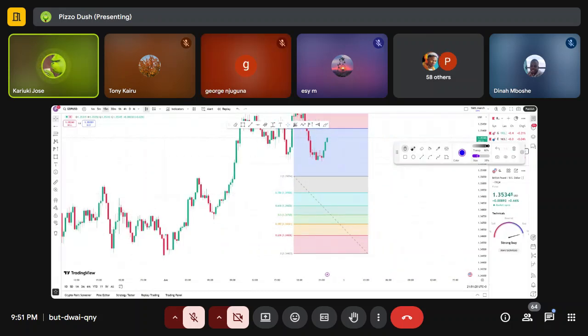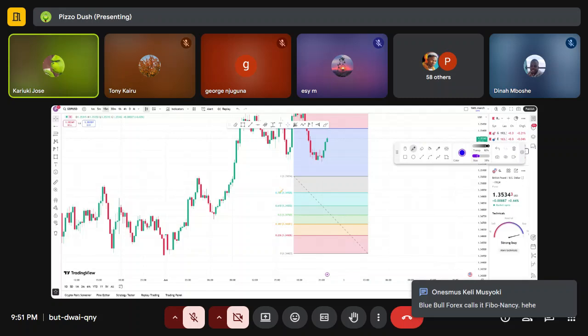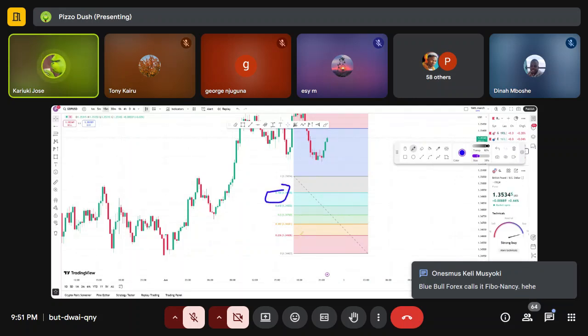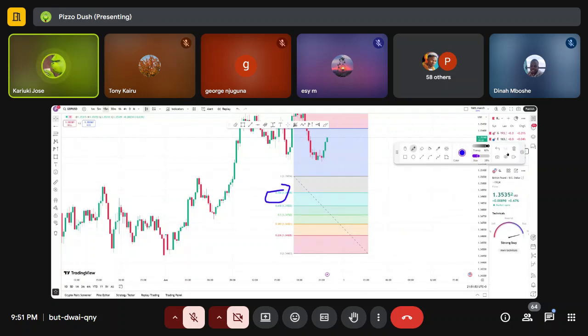So what we do, venye tunatumia Fibonacci ni you can see kuna multiple levels from 0 to 1, 0.236, but kwa MT5 tutapata 23.6, 0.382 tutapata 38.2, 0.5 tutapata 50.0, 0.618 tutapata 61.8, 0.786 tutapata 78.6 kwa MT5.